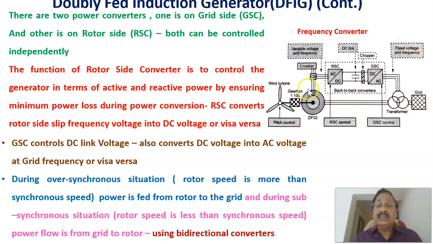Depending upon the difference between the synchronous speed and the rotor speed, that is called the slip, a voltage is induced on the rotor, and that voltage is converted into DC by the RSC. Therefore, the RSC converts the slip frequency rotor voltage into DC voltage, or in the reverse case, DC voltage can be converted into a variable frequency signal. That is, it is bidirectional, and this can be done by the rotor side converter.